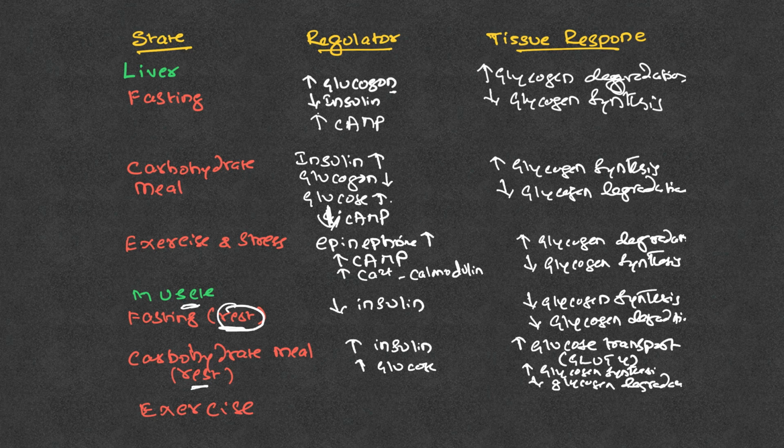So skeletal muscles, what happens during exercise? As we have already seen, exercise increases epinephrine, and as I told you, epinephrine is going to increase cyclic AMP levels, and also when the person is exercising, there will be release of calcium from the sarcoplasmic reticulum. Calcium will bind with calmodulin.